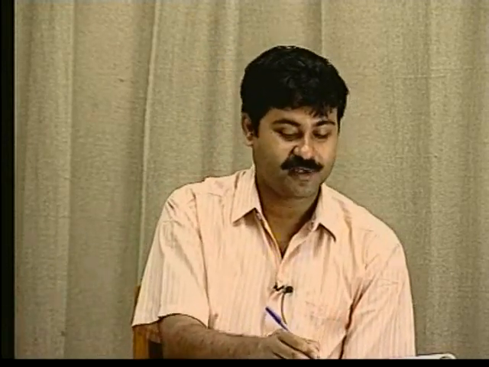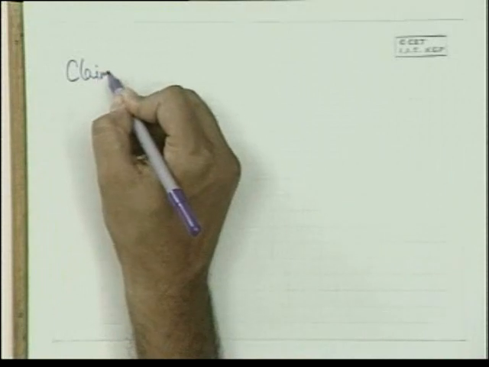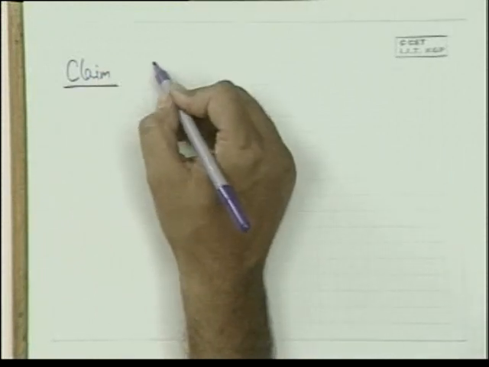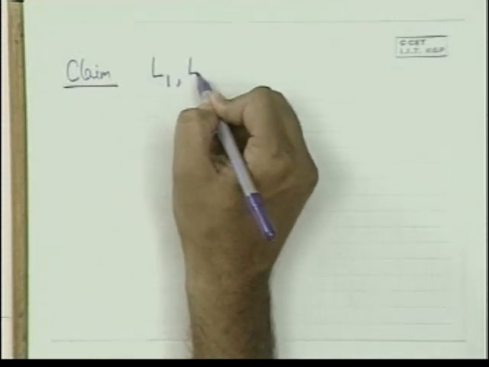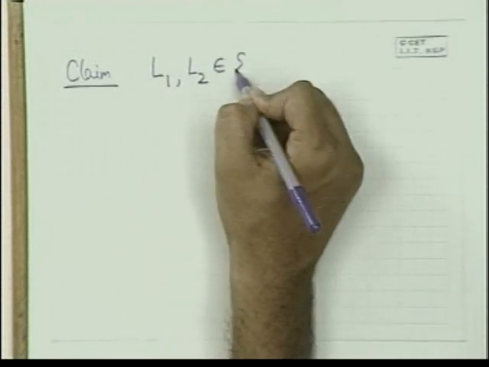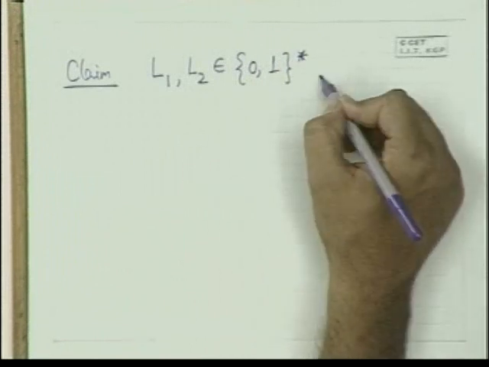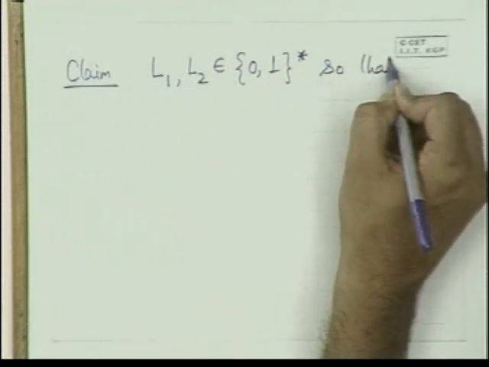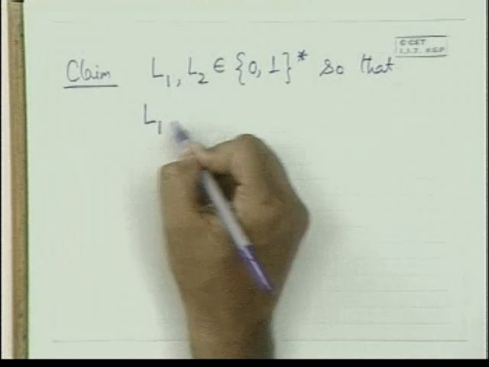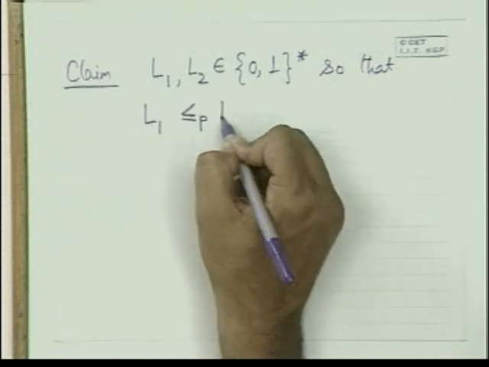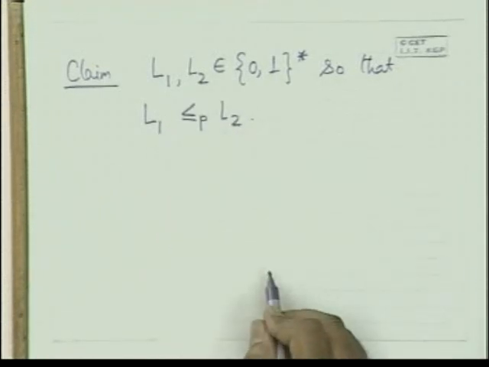So let me write this down formally again. This is the claim. Suppose L1 and L2 are two languages in {0,1}*, so that L1 is polynomial time reducible to L2. What do we mean by this?